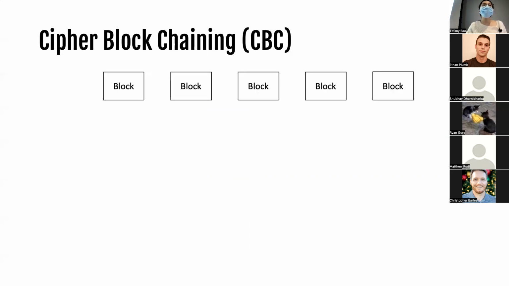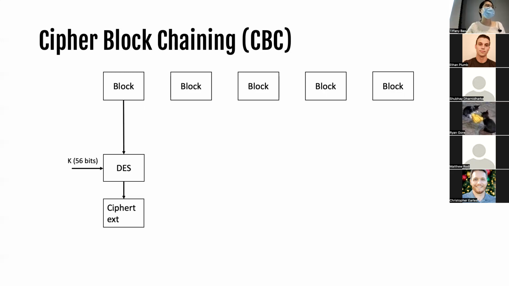In this setup, you will still have multiple blocks all together. But when we do per block encryption, we combine it with the previous encryption. For example, let's start with the first block. We use this key, and we get this encrypted message, the ciphertext. Then we use this ciphertext as part of the input of our next block.